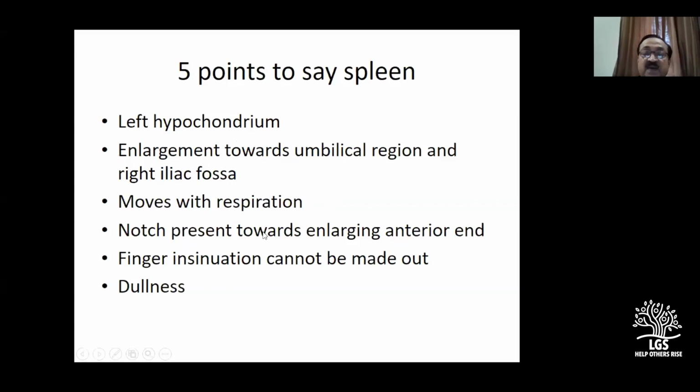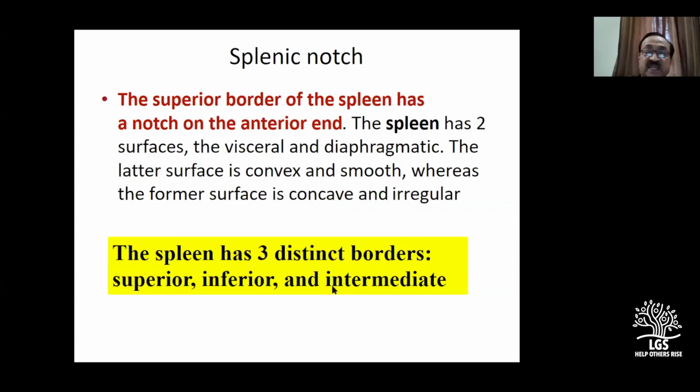I have seen very often, it's not a great mistake, that people say the notch is present towards the enlarging anterior end of the superior border. Please remember this small point here. Very often people say the anterior border has got the notch, but anatomically, the spleen has got only 3 distinct borders: superior, inferior, and something like intermediate.